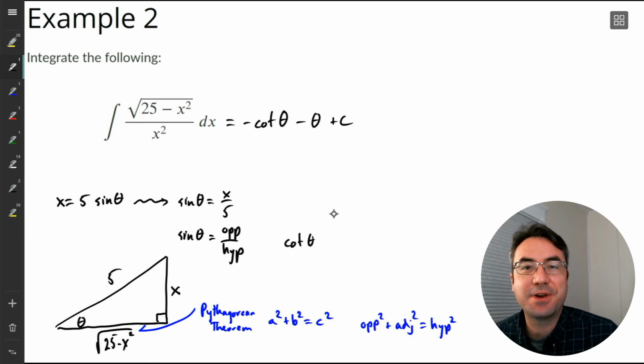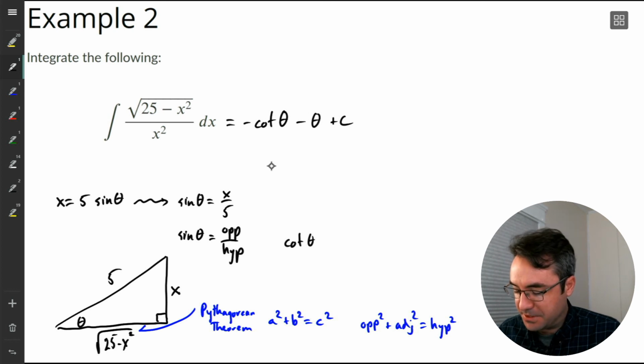We're going to use this again, this sine theta equal to x over 5, to help us figure out this kind of lone theta term. But let's figure out cotangent first because we're working with our right triangle. So cotangent theta, it's the reciprocal of tangent.